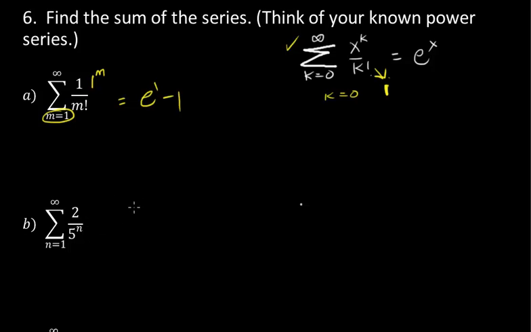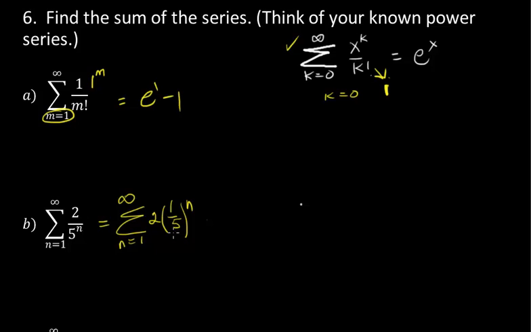Part B you should recognize as geometric. This is the sum from n equals 1 to infinity of 2 times 1/5 to the n. On the test, a lot of people thought that r was 2/5, but notice the 2 is not being raised to the nth power. You have to look at things a little more carefully.